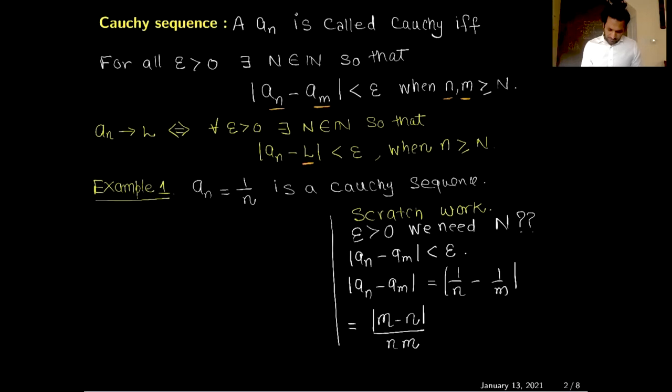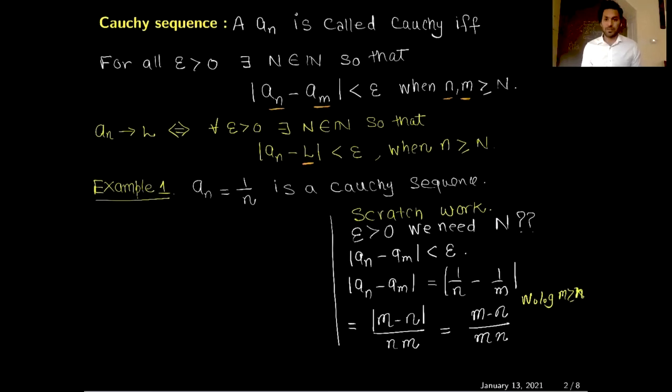Now, without loss of generality, assume m is strictly greater than or equal to n, so I can remove the absolute value. So this is m minus n over n times m.